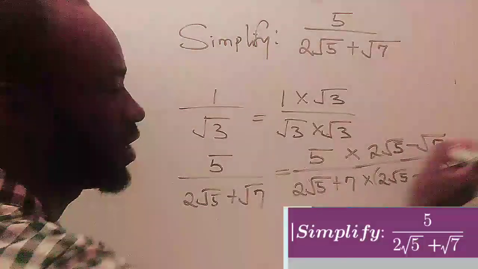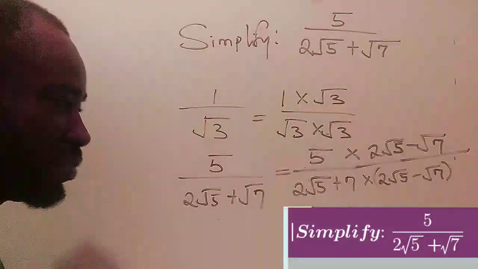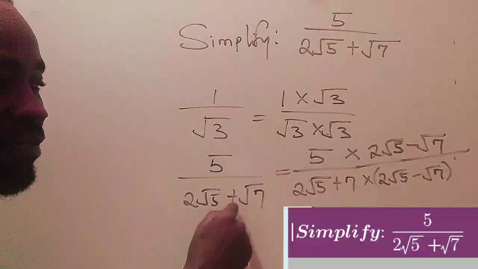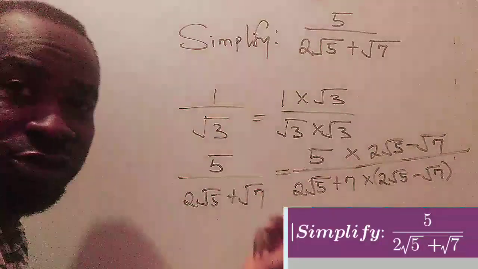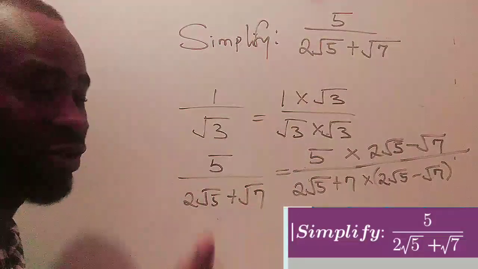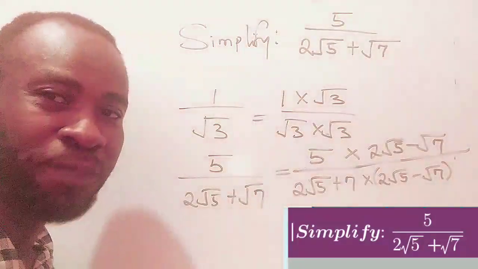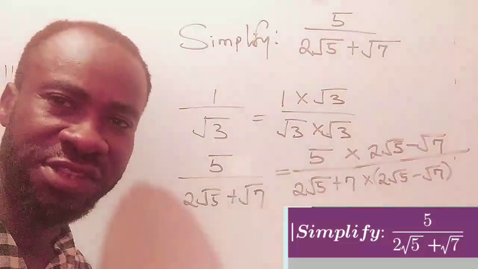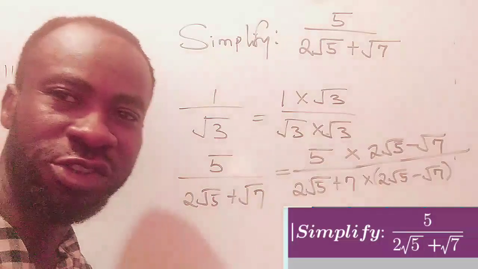You can see I did not multiply the numerator and denominator by this same binomial surd. It is the conjugate I use in multiplying both the numerator and the denominator. So that is just the whole concept of rationalization and conjugate.